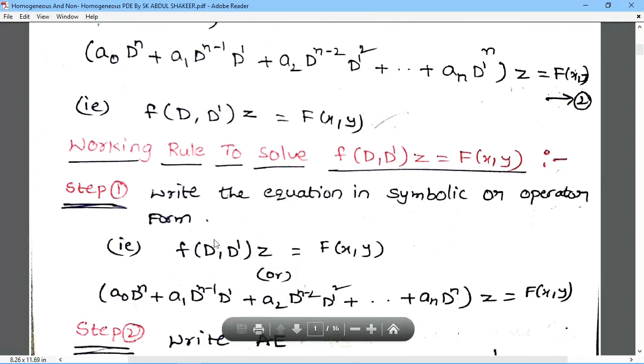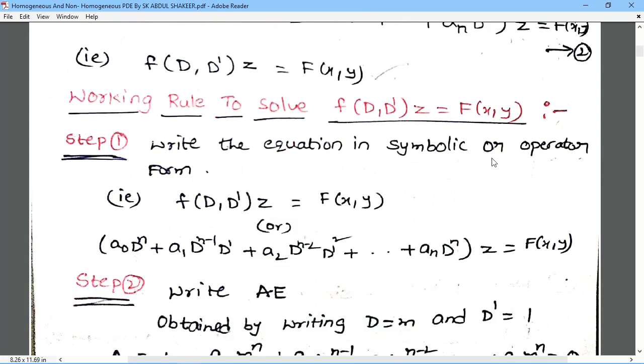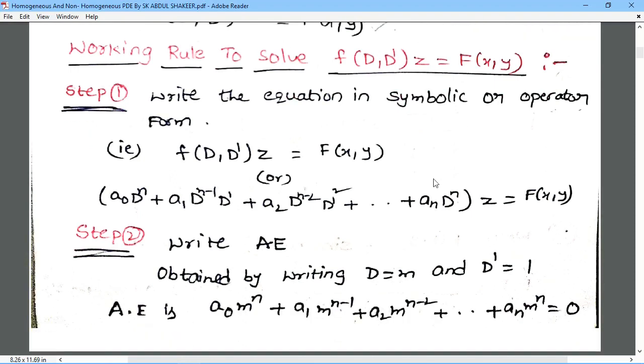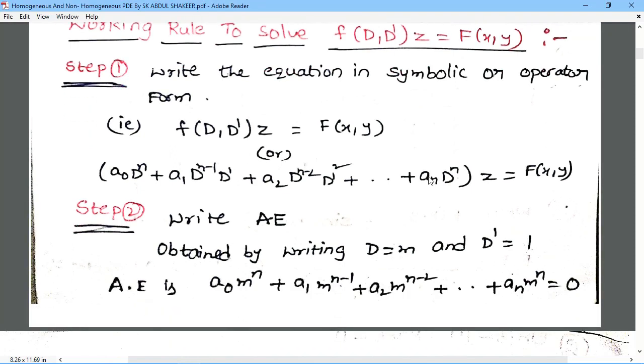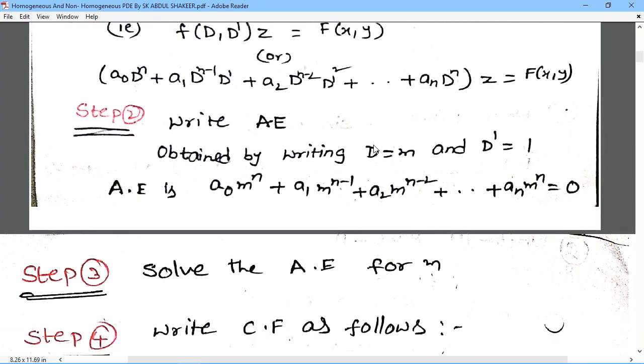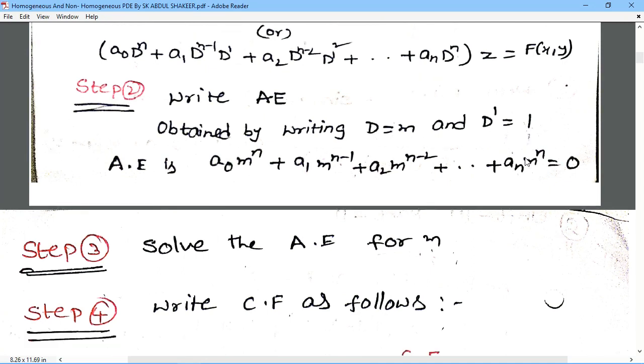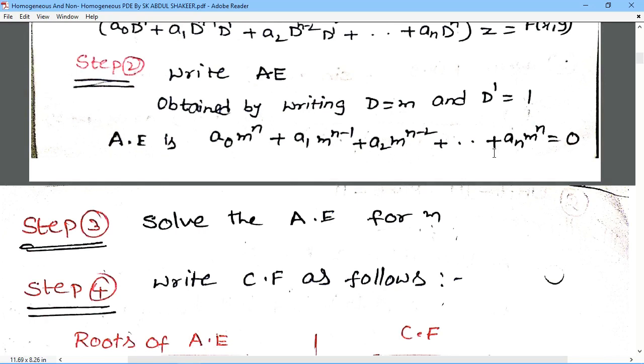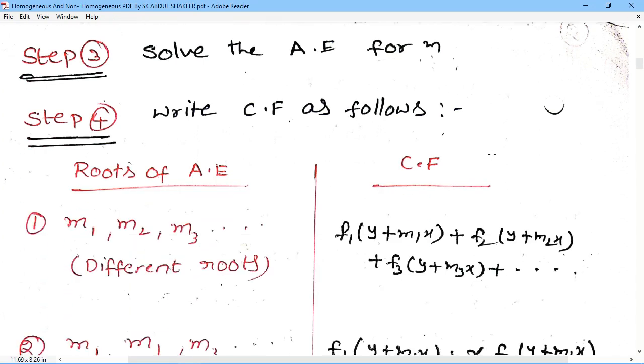In the first step, we write the symbolic or operator form, obtained by replacing D with ∂/∂x and D dash with ∂/∂y. In the second step, we write the auxiliary equation, obtained by replacing D equal to m and D dash equal to 1. In the third step, we solve the auxiliary equation for m.